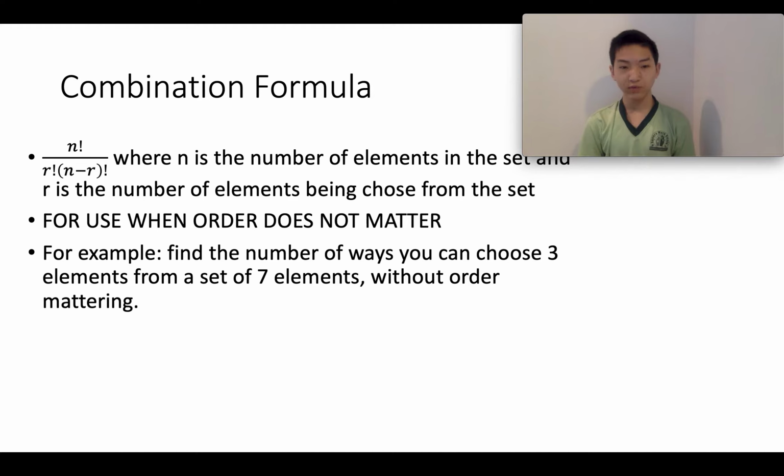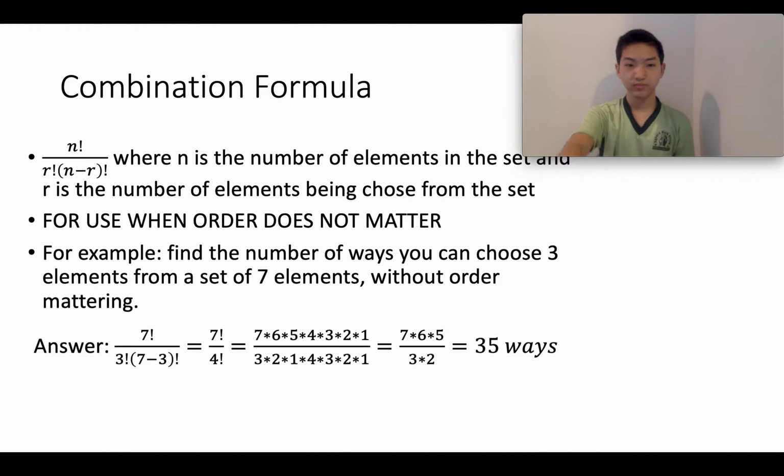So for example, using the same example as last time, the same numbers, except this time the order does not matter. So we still have choosing 3 elements from a set of 7 elements, and you find the number of ways you can do that, but order does not matter this time. So the answer for this is, we can just plug into the formula, same as before.